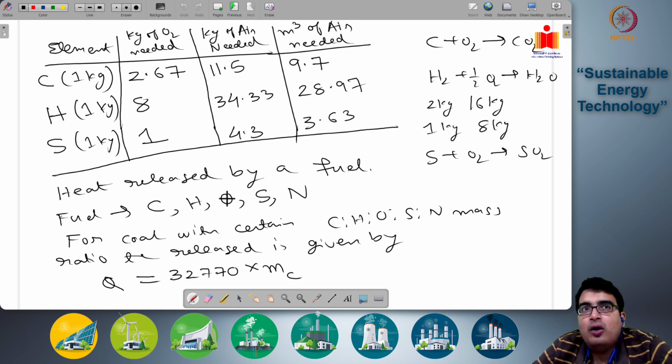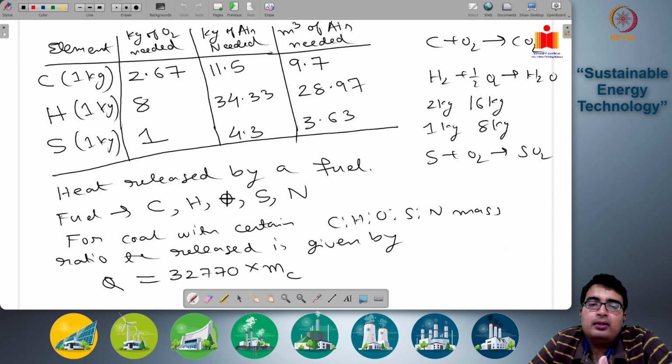So suppose you have in a coal certain mass of oxygen, all right? So that mass of oxygen comes entirely from water. So that water contains 2 kg of hydrogen per 16 kg of oxygen, correct?